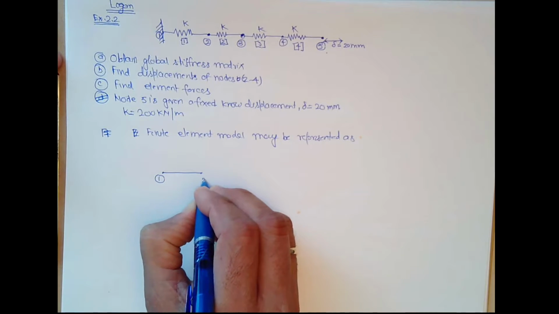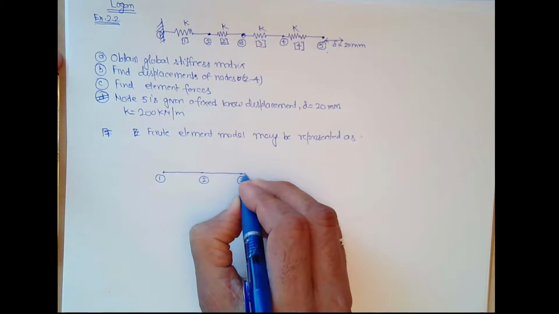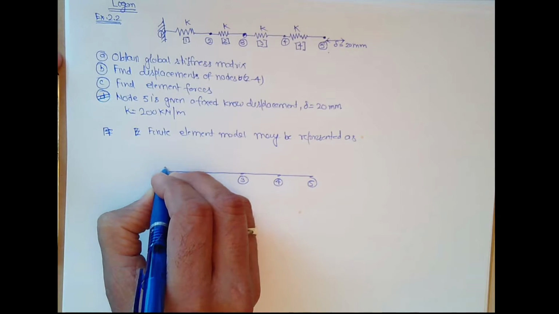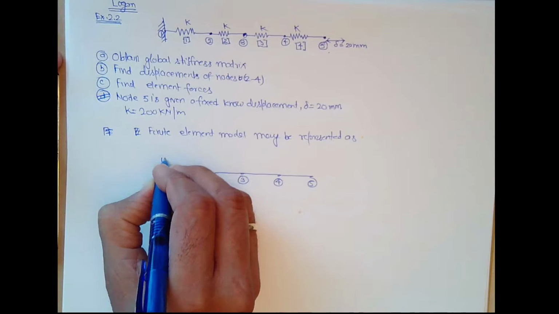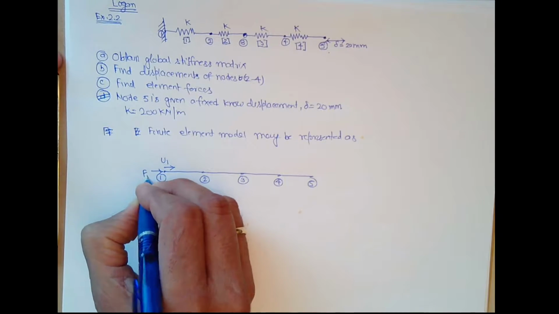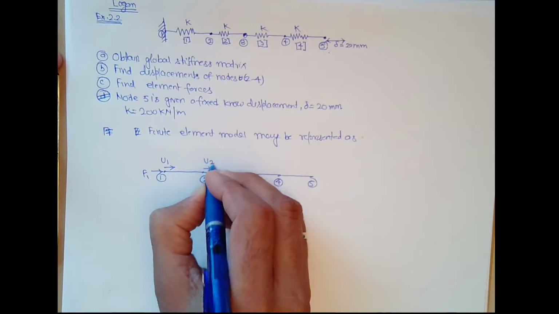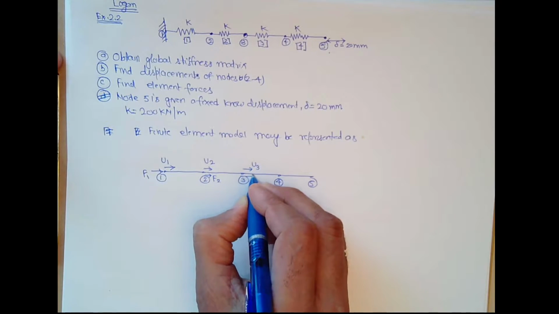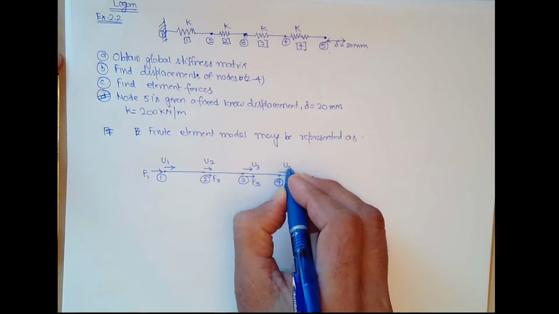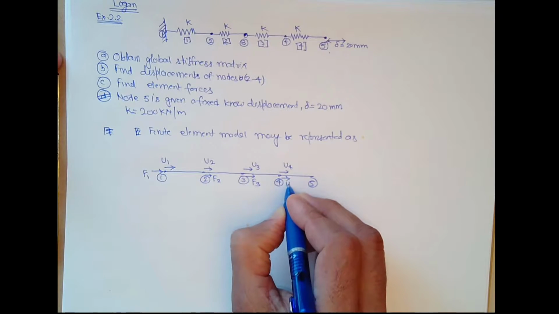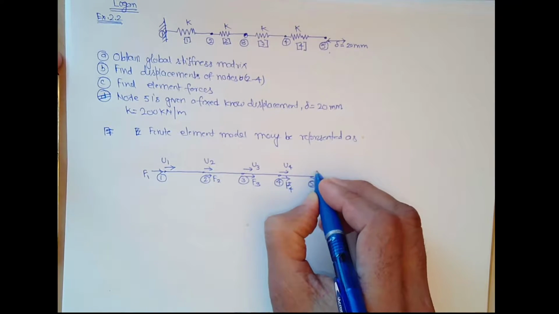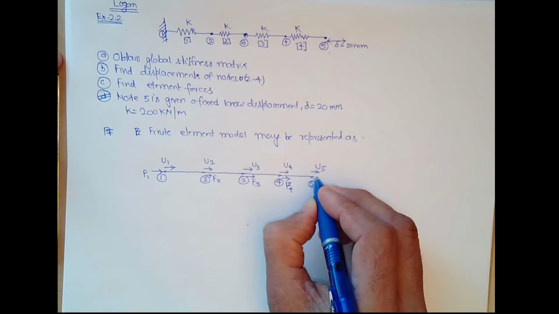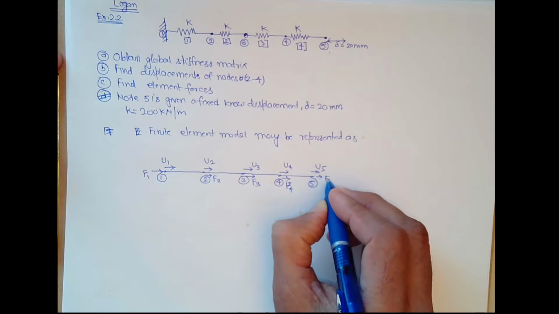Node 1, node 2, node 3, node 4, node 5. Here I am writing U1, the nodal deflection. U2 is a nodal deflection and nodal force F2. U3 is a nodal deflection, nodal force F3. U4 is nodal deflection and F4 is nodal force. U5 is a nodal displacement and F5 is a nodal force.